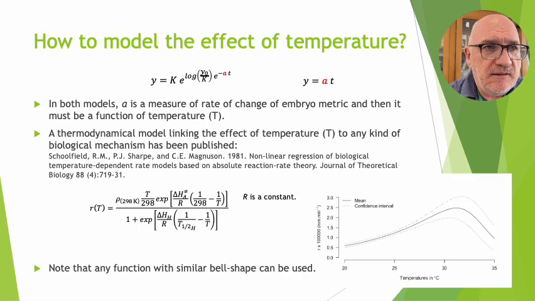A is the growth of the embryo. We saw in previous slides that A must be estimated using a function, and we will not discuss this. Go to the previous video if you don't understand what happened here.